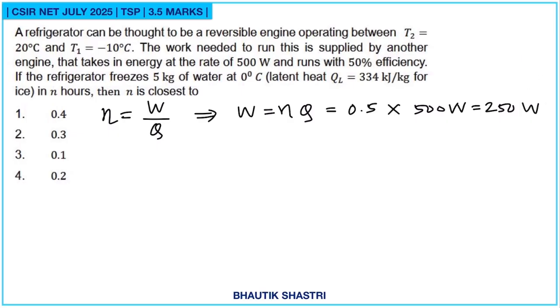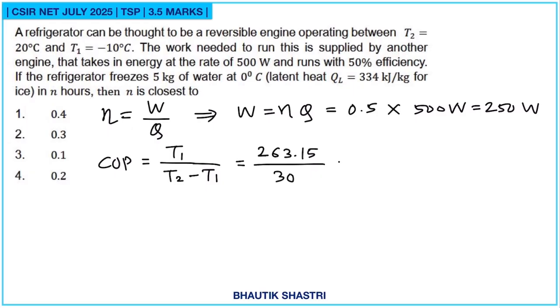Now let's find out the coefficient of performance for that refrigerator. So COP is equal to T1 by T2 minus T1. T1 is minus 10 degrees Celsius, which is 263.15 Kelvin, and the difference is 20 minus 10, which is 30.